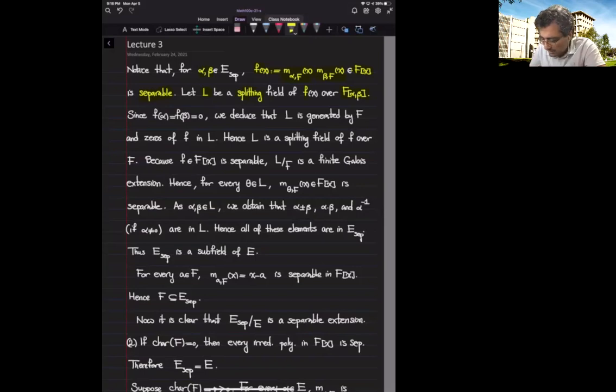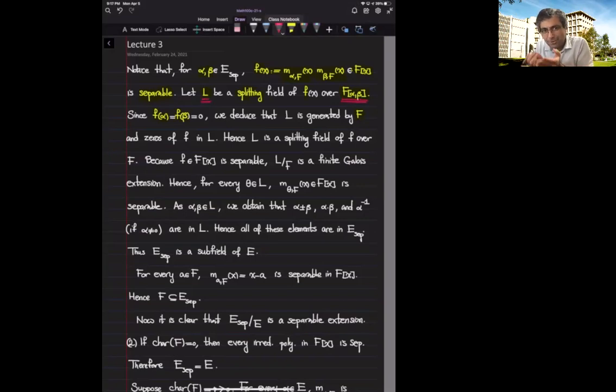Now, notice alpha and beta, both of them, are zeros of the polynomial f. So if I add zeros of the polynomial f to the base field capital F, I'm already adding alpha and beta to it. Now, if I add other zeros as well, by this statement over here, I know I'm going to get the entire L. So L can be generated by this and the other zeros of f.